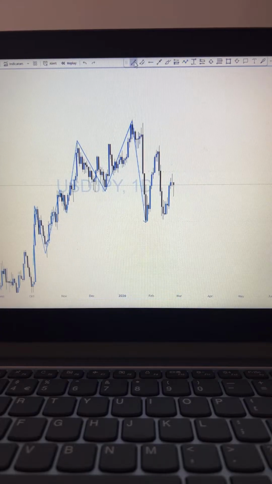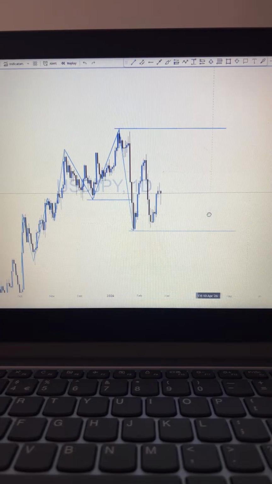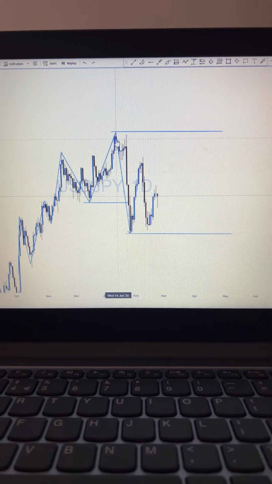This is where we have change of character to the downside. Once you have change of character to the downside, what do you do? You map out your high and your low. Now this is it. Once you have these two, you have gotten the direction of the trend of the market.